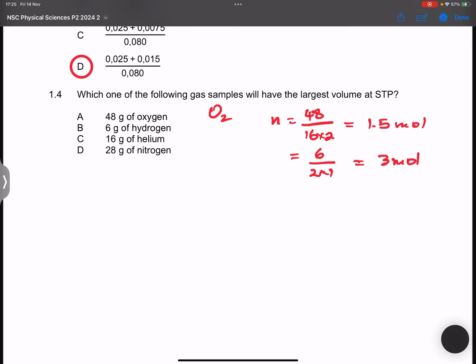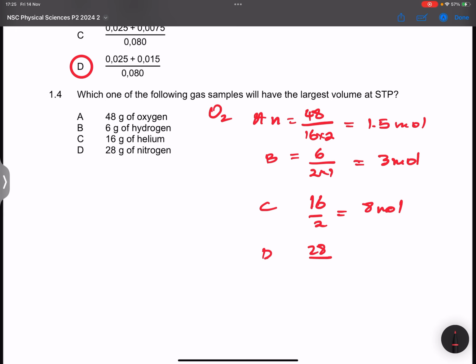And for C, so this was B, that will be C, that is 16 grams of helium. And remember, helium has a molar mass of 2. So that's 16 divided by 2, and that will give us 8 moles. So far, it has the highest number of moles. Okay, and finally, at D, you've got 28 grams of nitrogen.